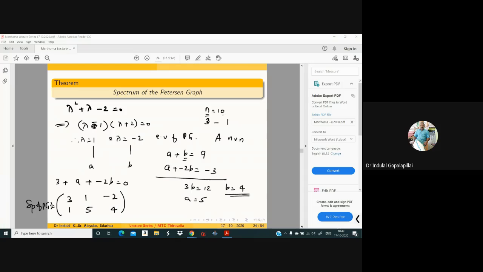Here the graph has 10 vertices and the adjacency matrix is a 10 by 10 matrix.